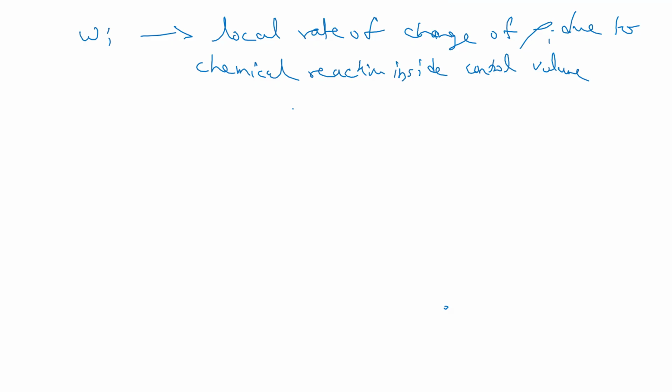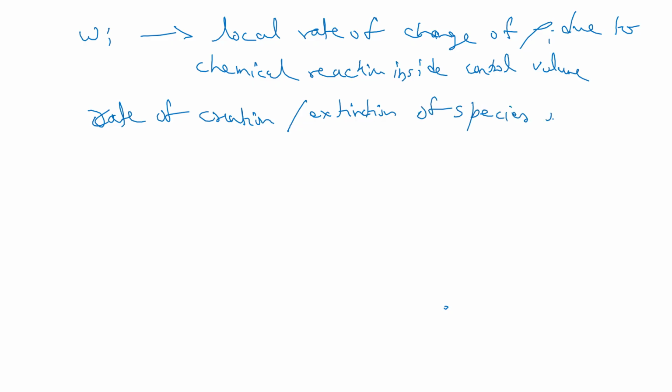So the rate of creation or extinction of species I will be equal to triple integration w I dV.